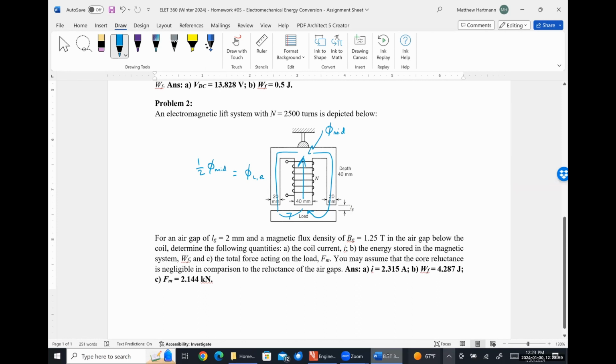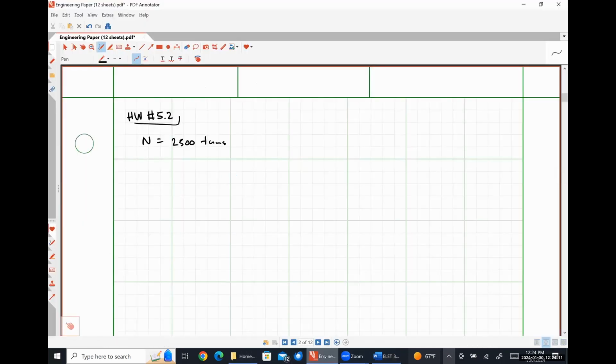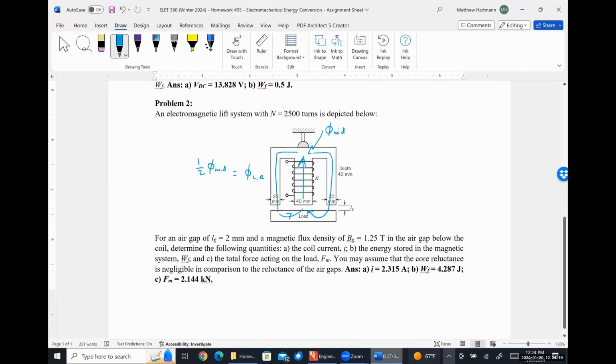The magnetic flux density is 1.25 Tesla in the middle air gap. So let's say that B mid is 1.25 Tesla.